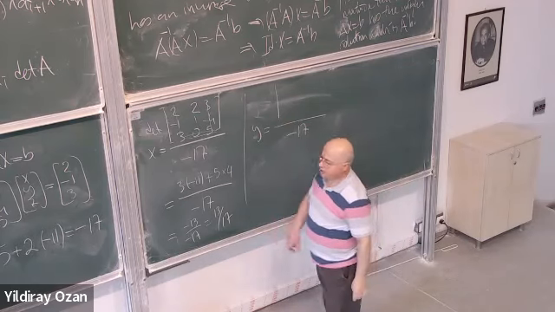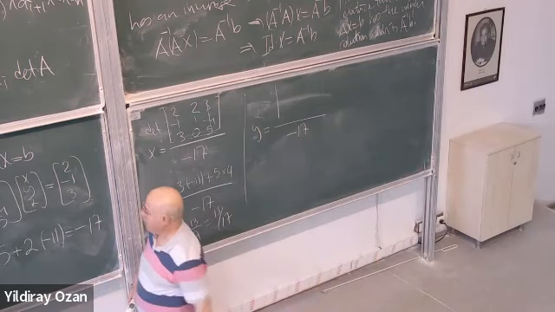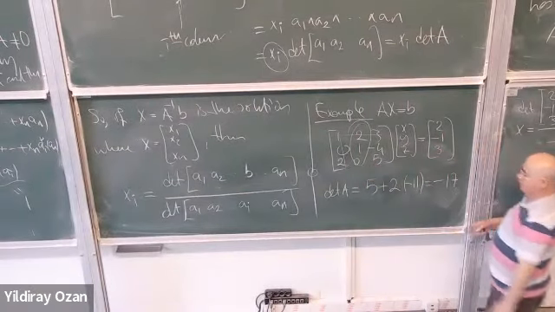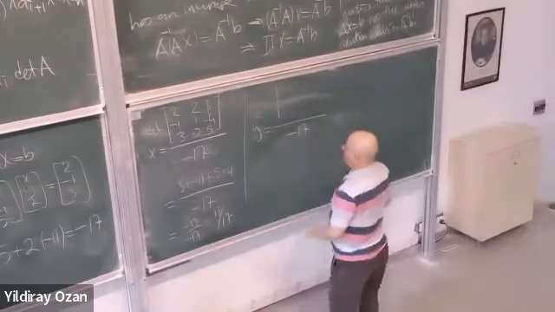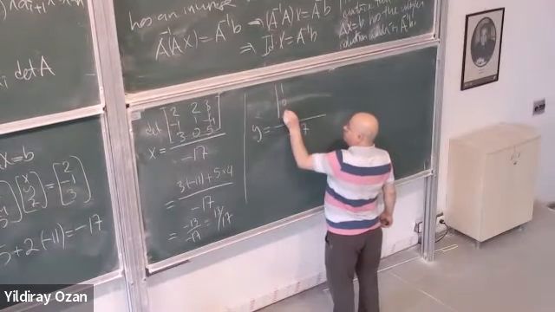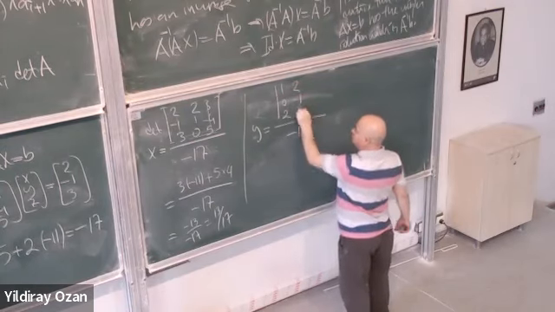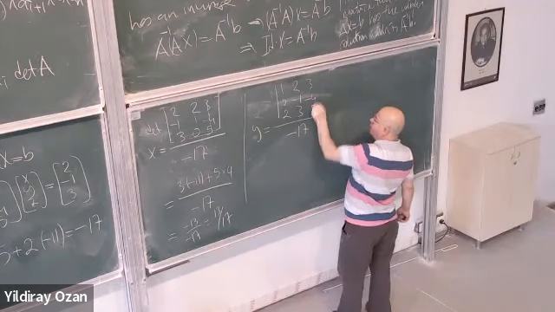We take the matrix A and replace this time the second column with this one. So 1, 0, 2, 2, minus 1, 3, and then 3, minus 4 and 5.